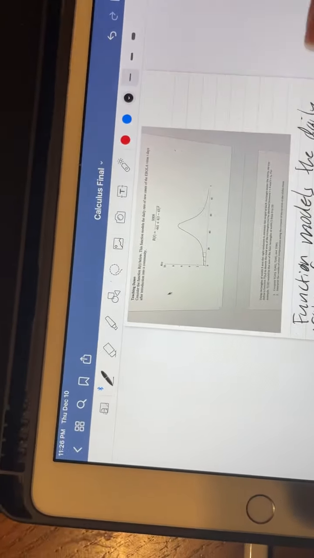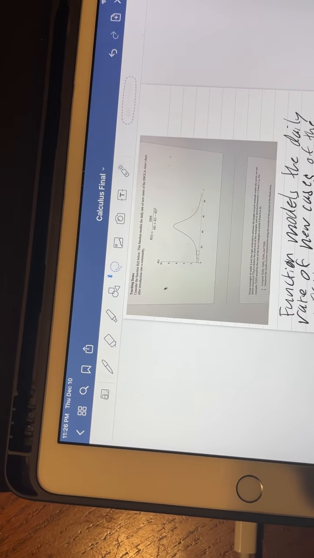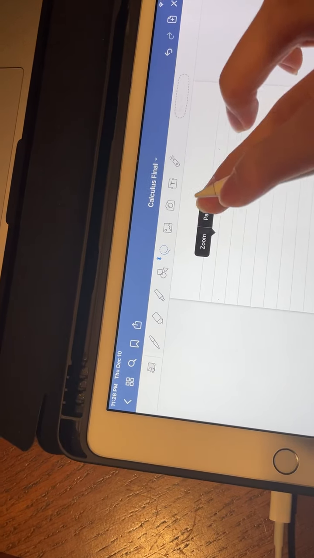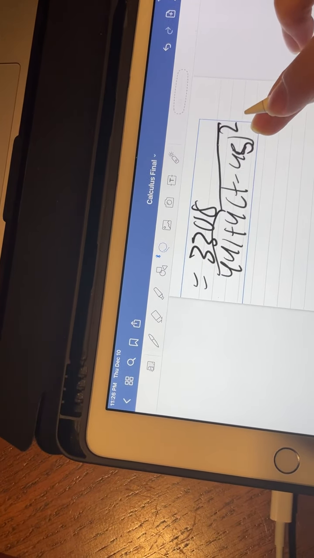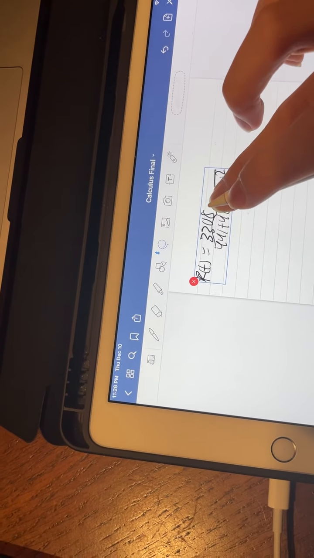So we have that. First things first, let me go on a new page. Copy, and then paste. Oh shoot, that was too big. That's fine.